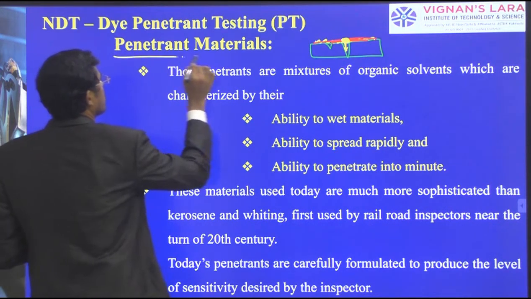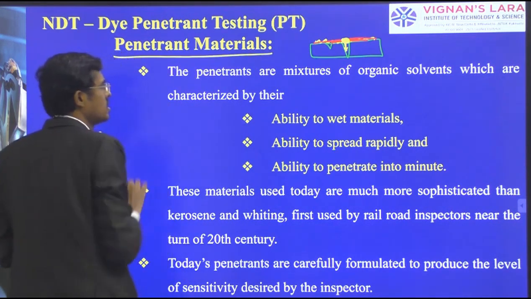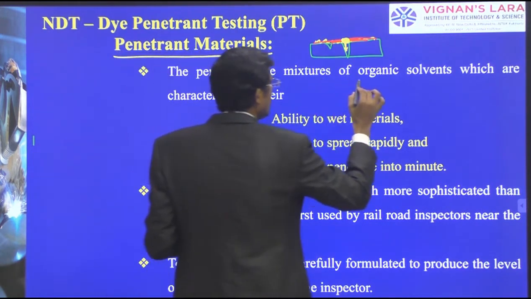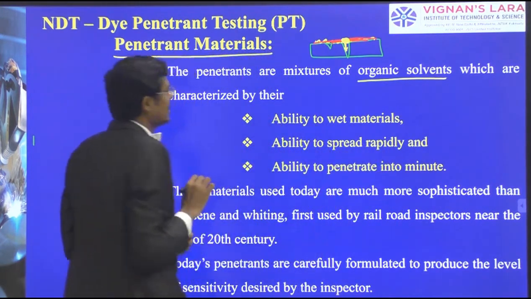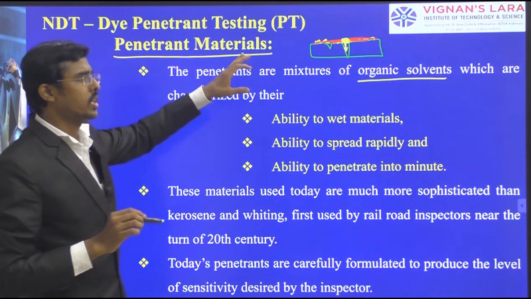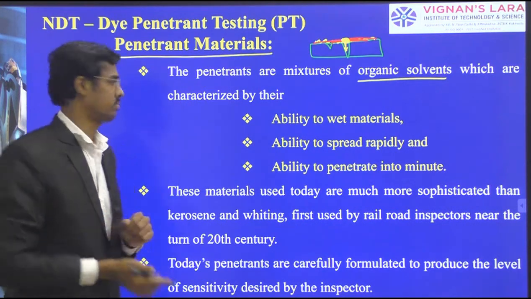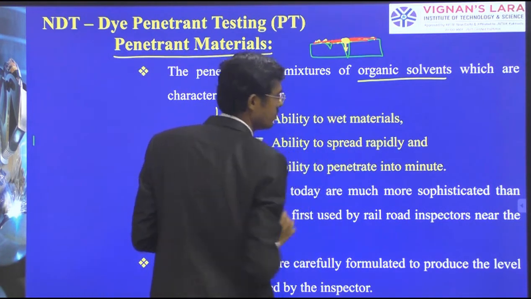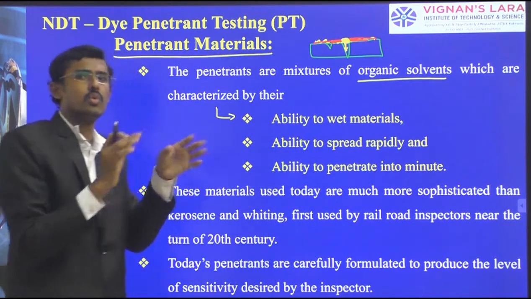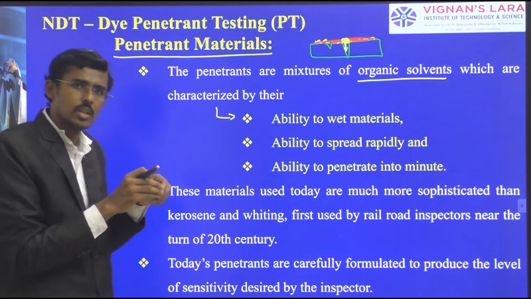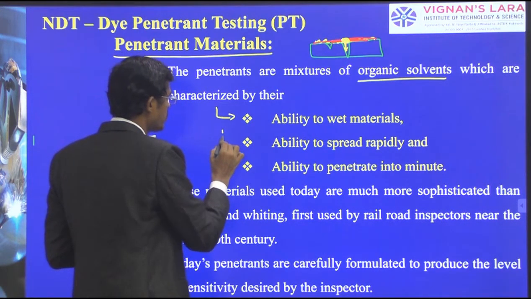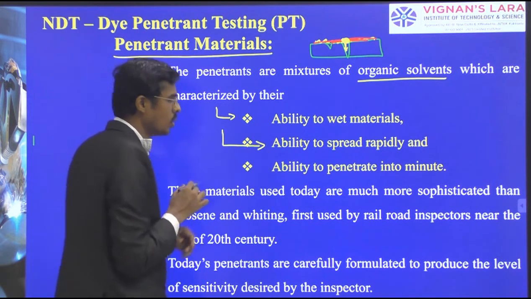Penetrant materials. The penetrants are mixtures of organic solvents, which are characterized by this property: the ability to wet the material. It should not just flow; it should touch, wet and flow. It should have the ability to spread rapidly over the material.